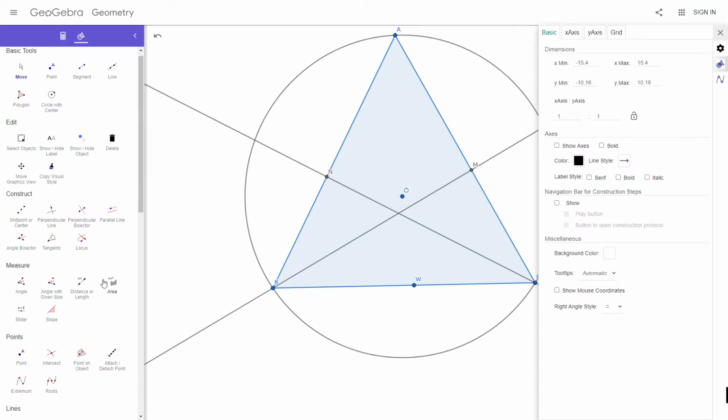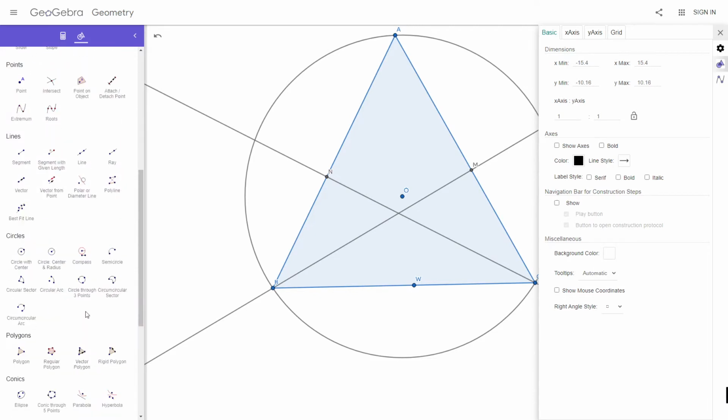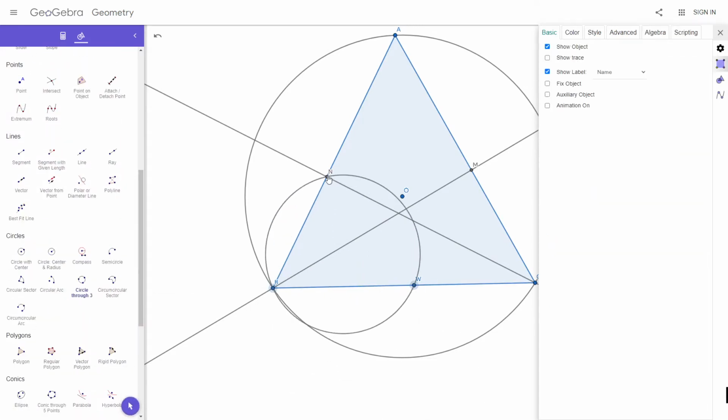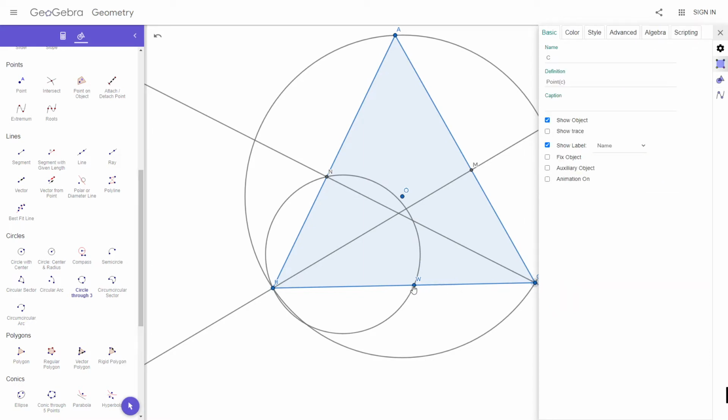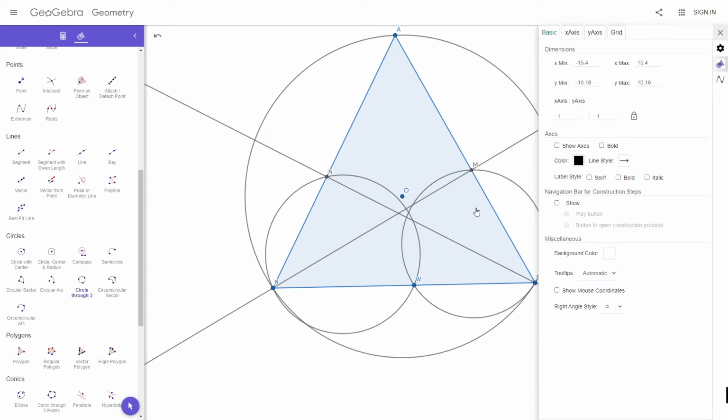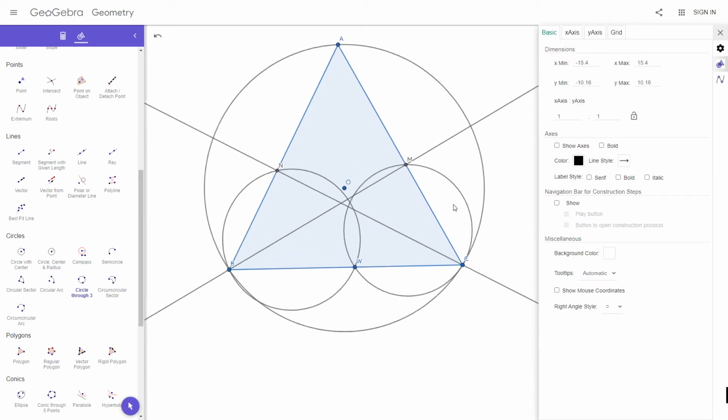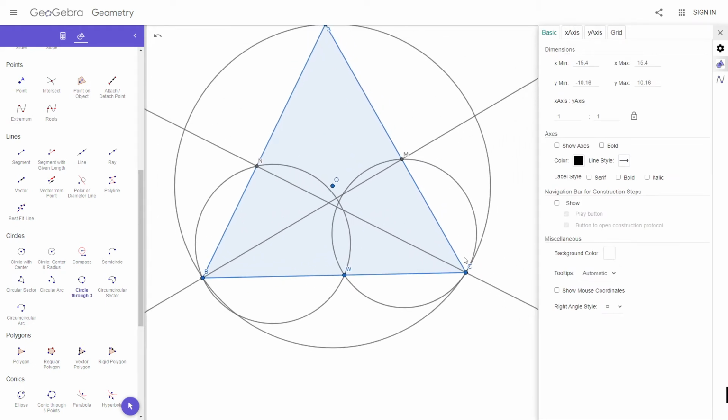Now we just define circumcircles of B, W, N and C, W, M, and then we want diameters. What you would have done in constructing this is you would have had a compass, so you would have some idea of where the diameter is.